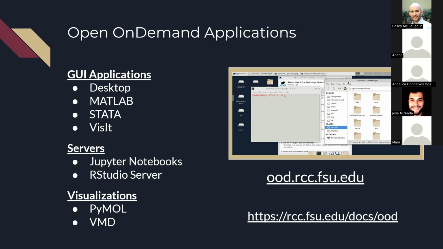You can have Stata. VisIt is something that we also do for statistics. Jupyter Notebooks, RStudio Server. We also have Spyder as well, a similar interface to RStudio but for Python. And then a couple different visualizations.